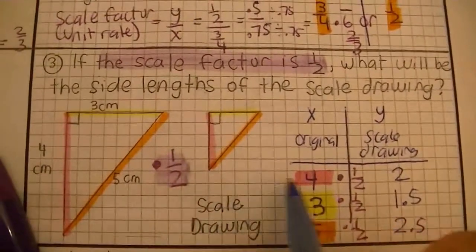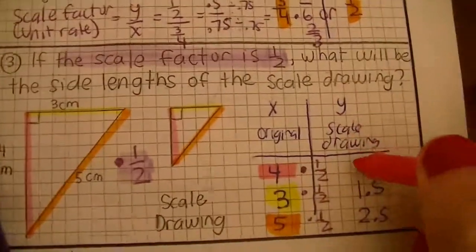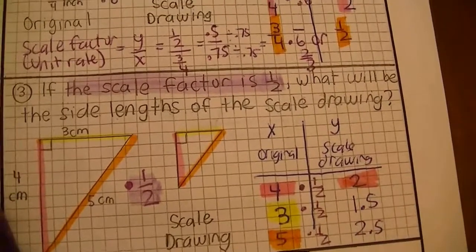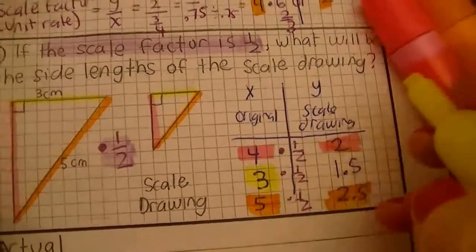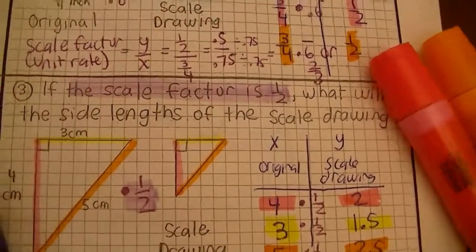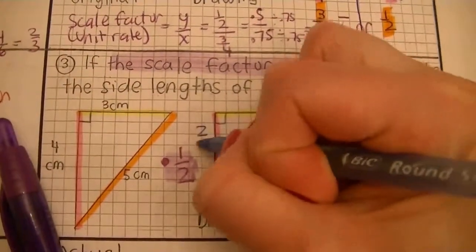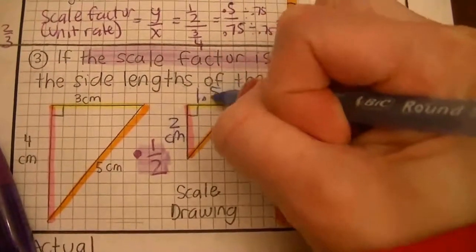So let's go ahead and match the corresponding sides. Okay, so this one is 2 centimeters. The other leg is 1.5 centimeters.